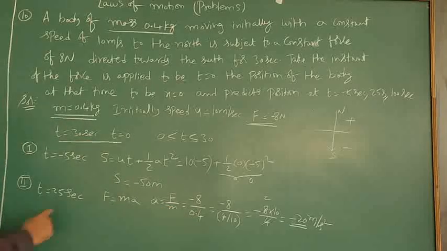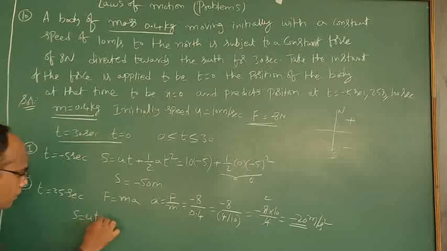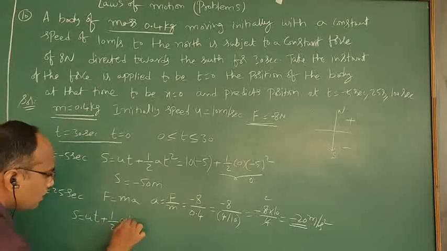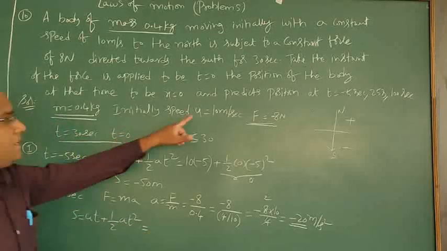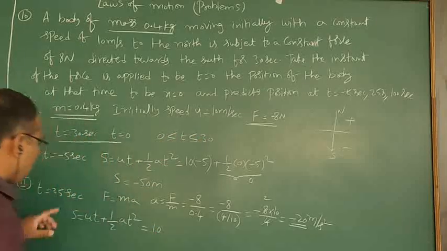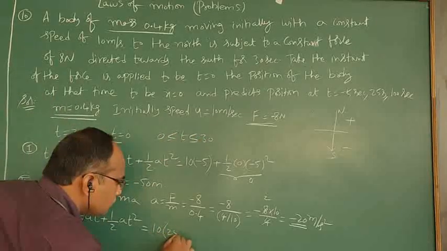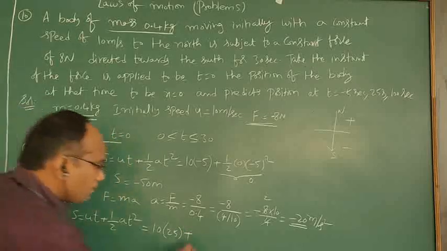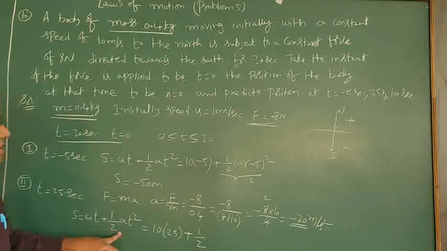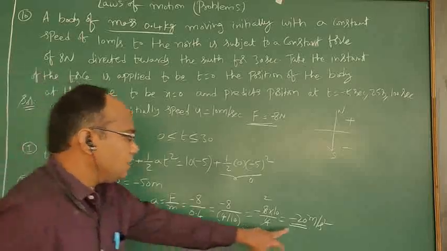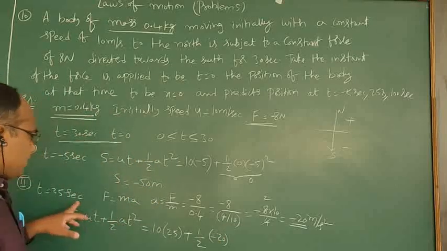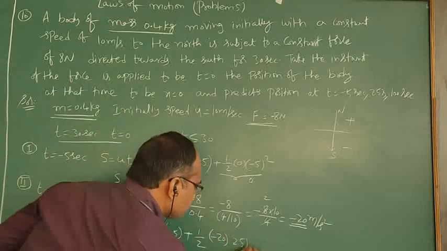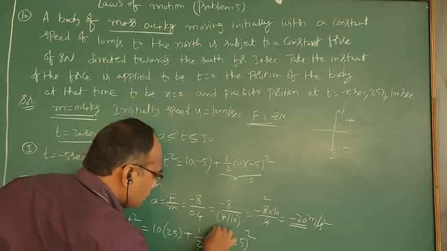So for t is equal to 25 seconds, what will we write? s is equal to ut plus half at square. So here initial speed is 10, into 25 seconds, plus 1 by 2, acceleration is how much? Minus 20. Okay, and t square means what? 25 whole square. So 2 ones are 2 tens are.